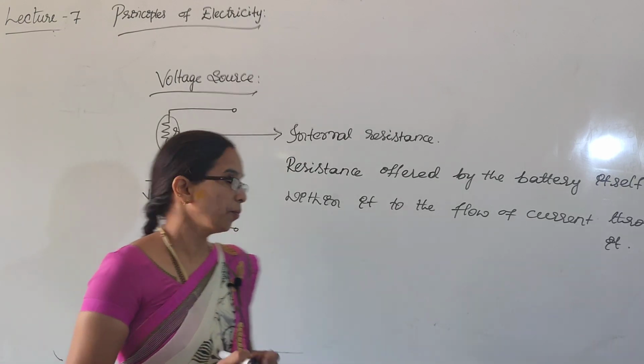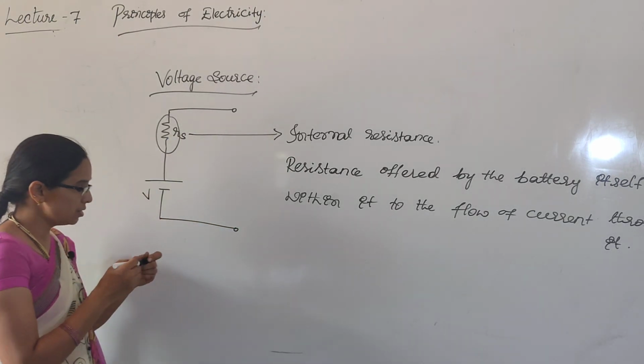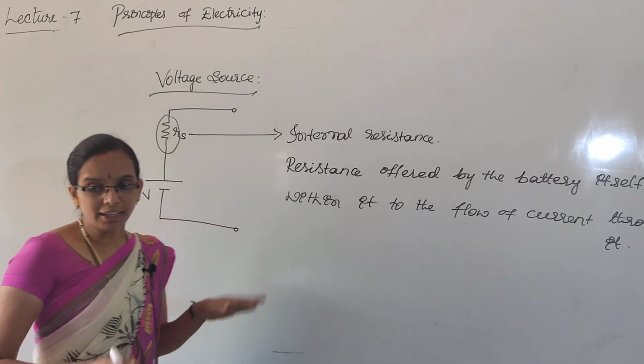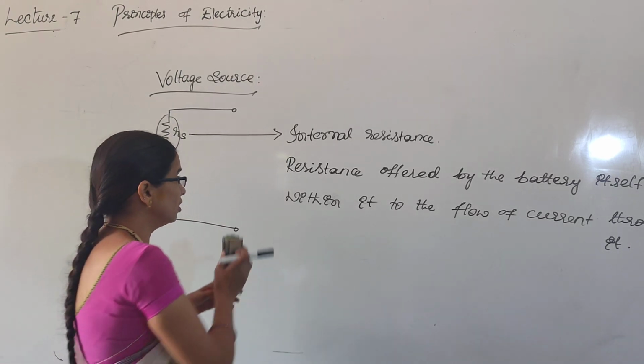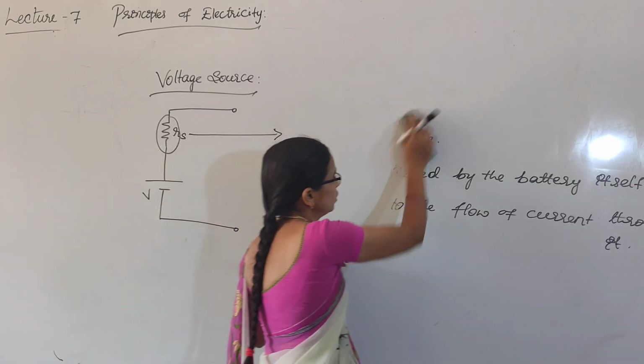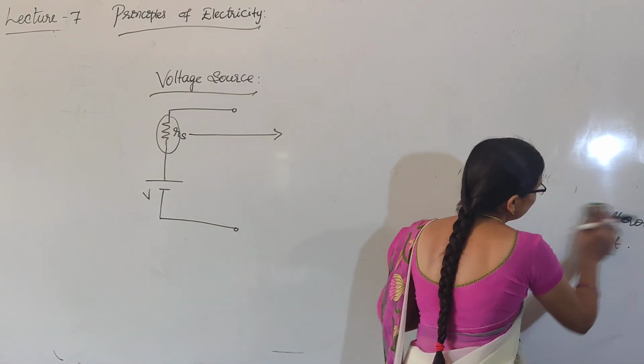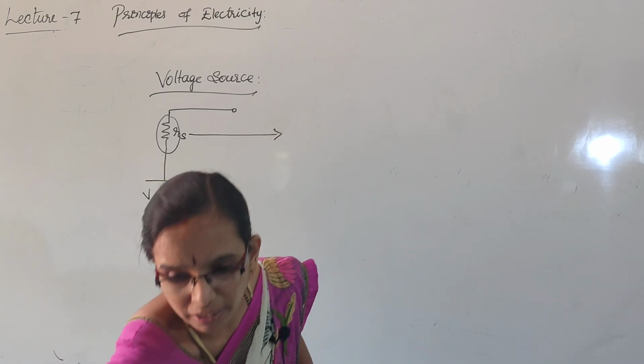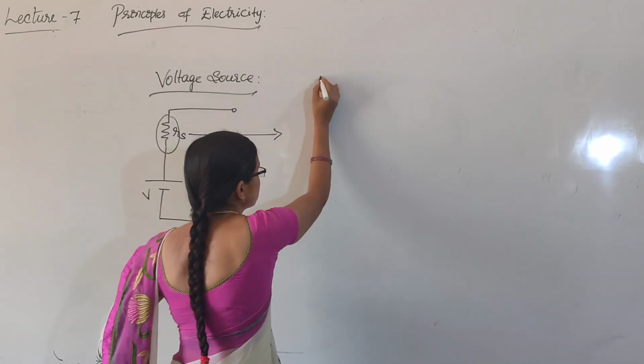Now, depending on the internal resistance, there are two types of voltage sources: one is the ideal voltage source and the other is the practical voltage source.